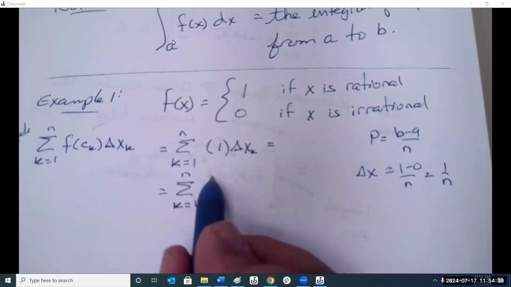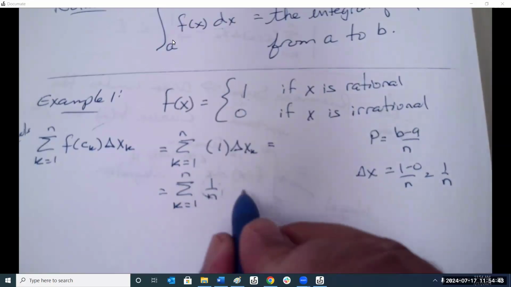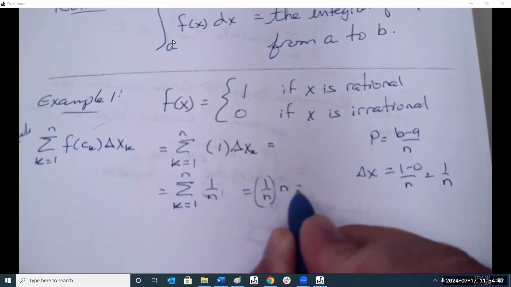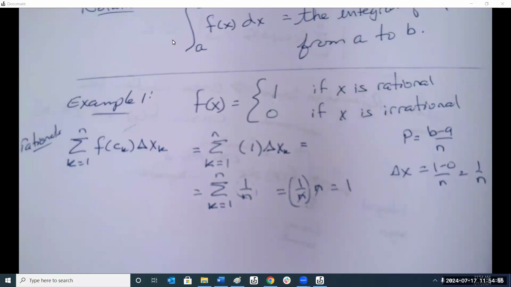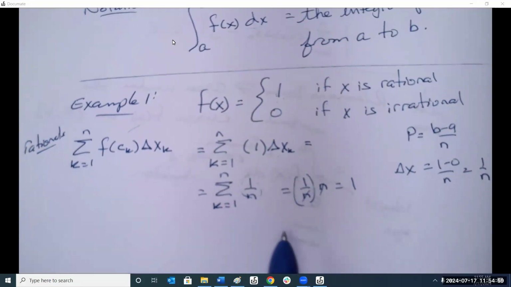And since this is a constant, when we add them n times, this becomes 1 over n times n, which is 1. So for the rationals, our summation will equal 1.